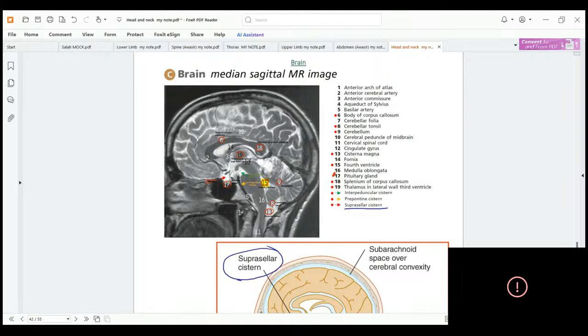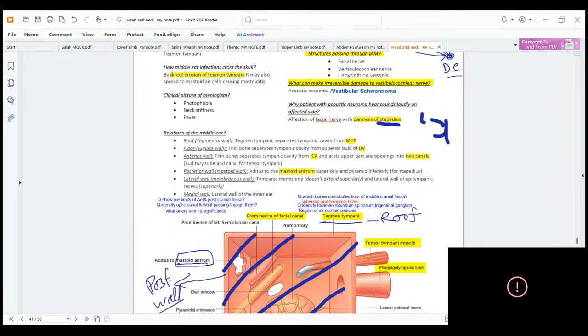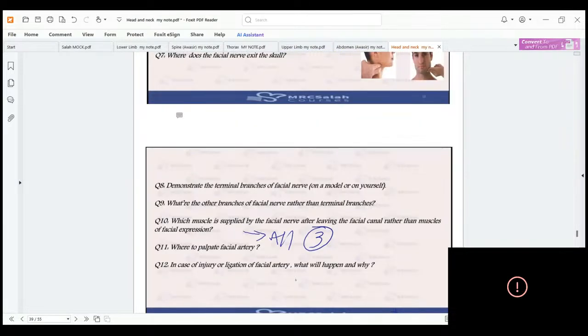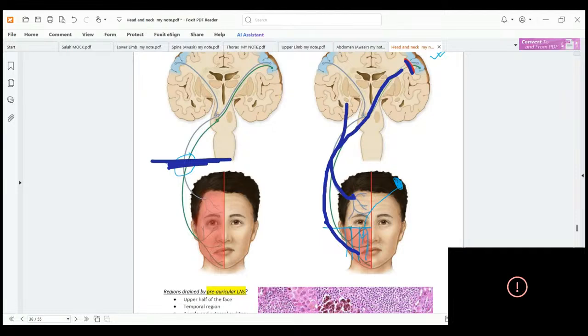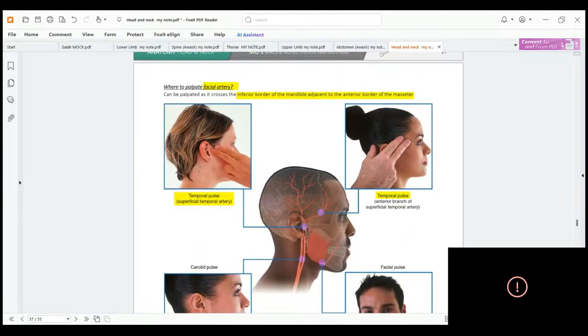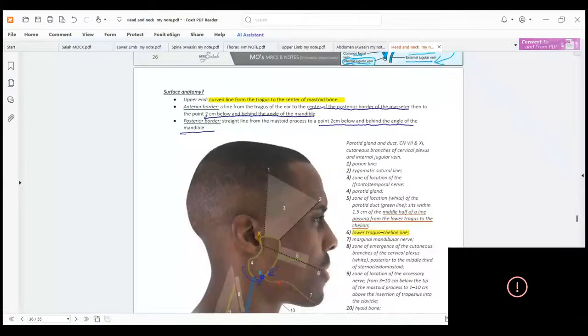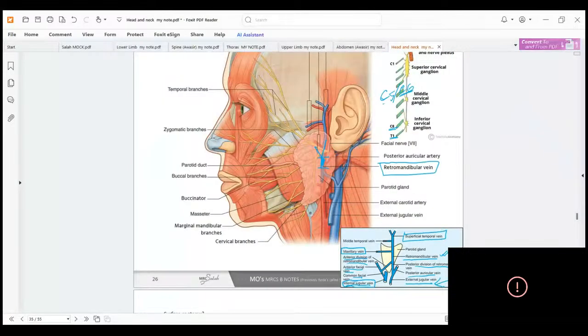The relation of the external carotid and hypoglossal. See, the external carotid will go through the parotid gland. Here also you can see, through the parotid we get the external carotid, and the hypoglossal will come here to give supply.